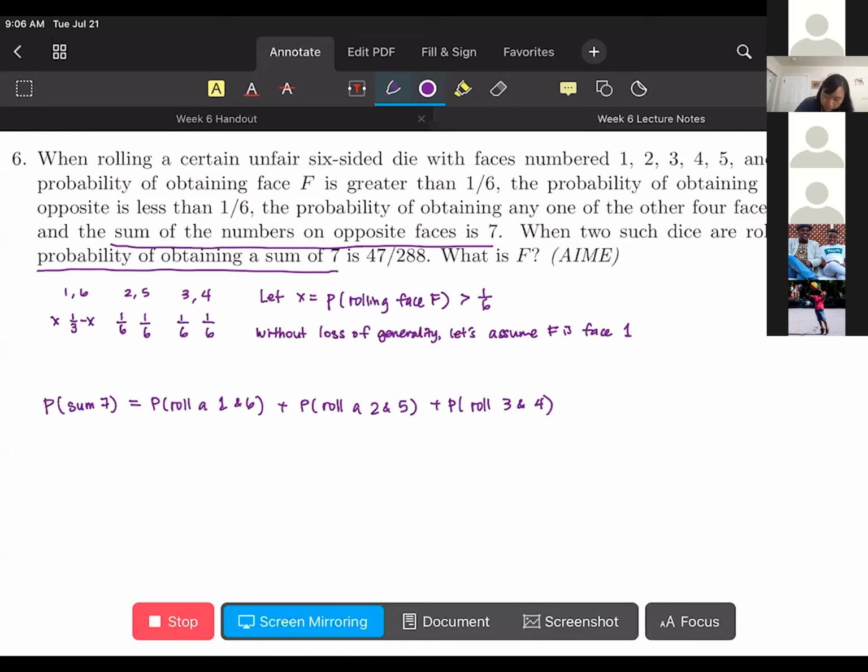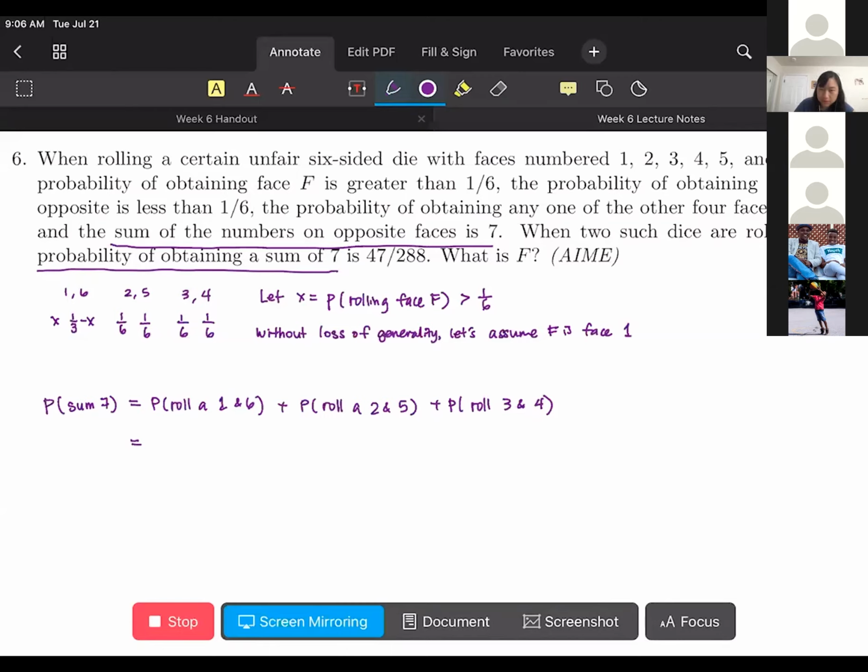So what's the probability that we roll a 2 and a 5? The probability that we roll a 2 is 1/6, and the probability that we roll a 5 is 1/6. So it's 1 over 6 squared.